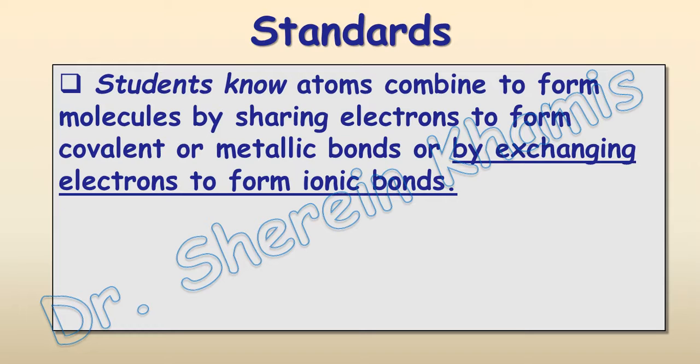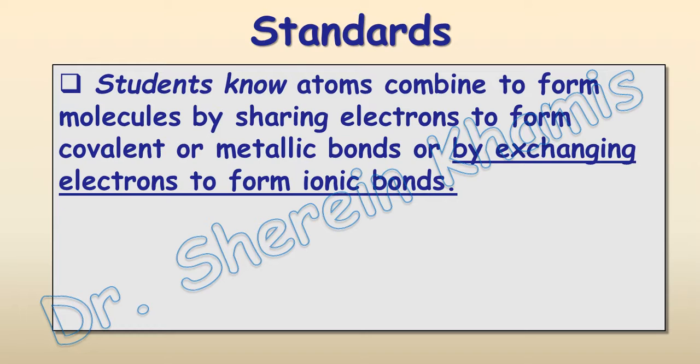Students know atoms combine to form molecules by sharing, to form a kind of bond. Sharing means each atom shares the same number of electrons. If the atom shares one electron and the other shares one electron, we call it a single covalent bond.